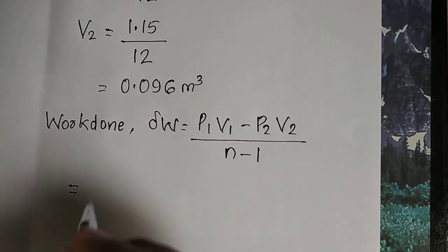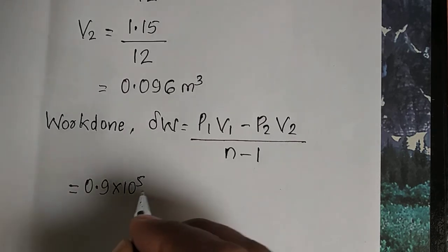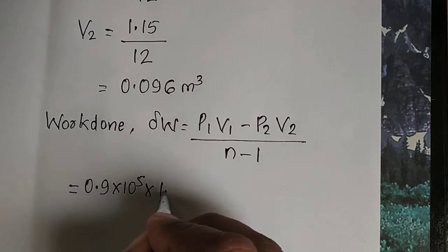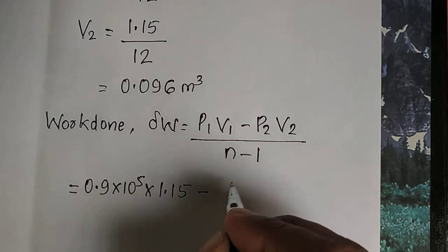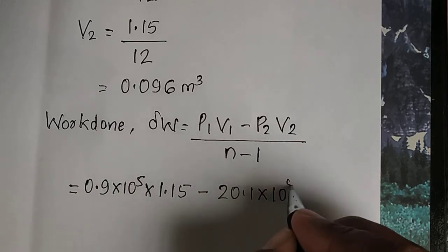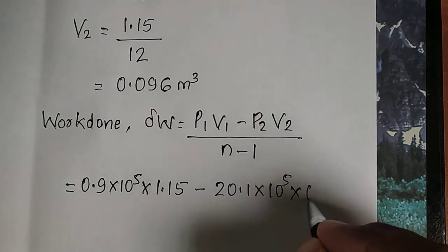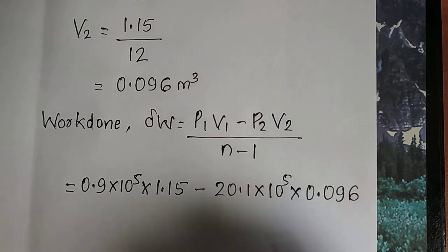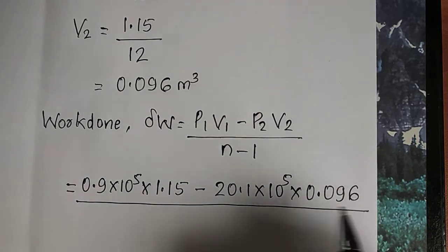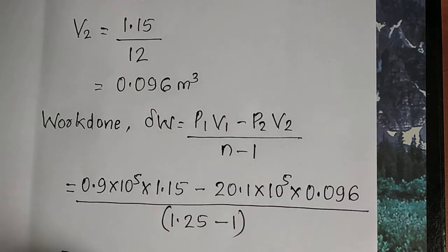So P1 is 0.9 into 10 to the power 5 into V1 is 1.15, minus P2 is 20.1 into 10 to the power 5 into the value of V2, which we just found, 0.096. So divided by n, n is 1.25 minus 1, will give me the value of work done.